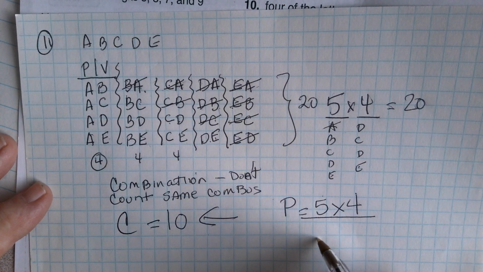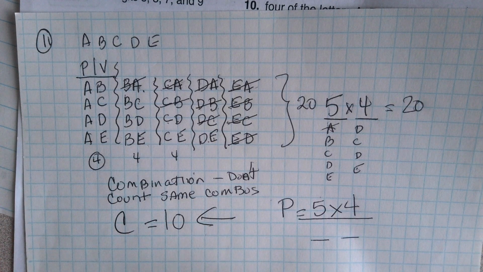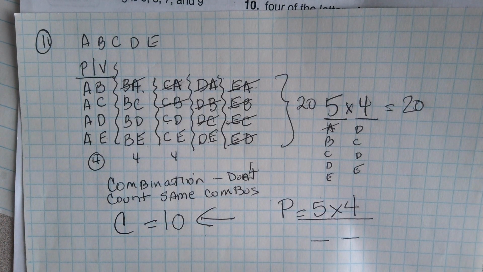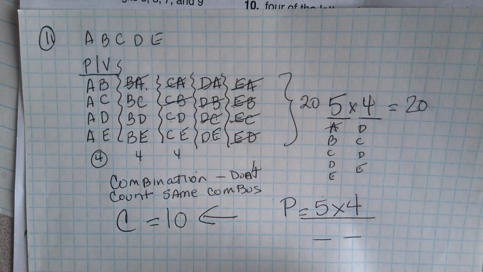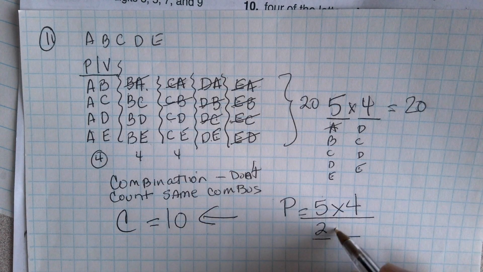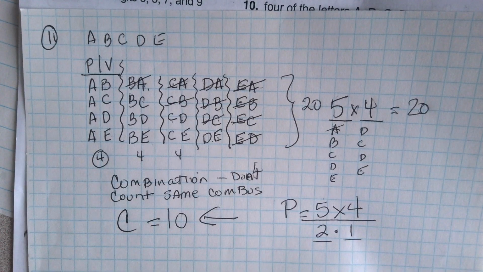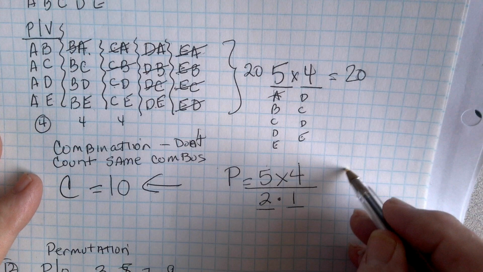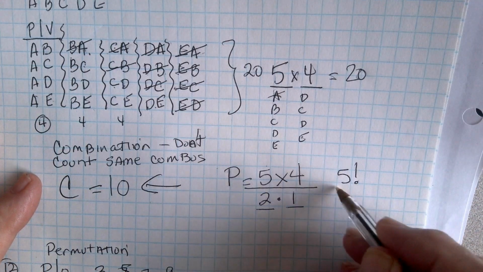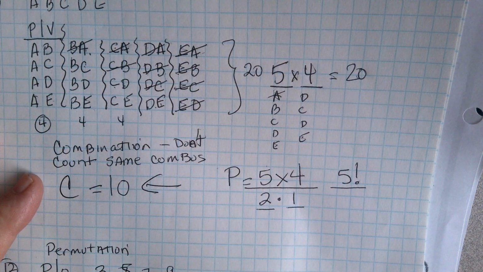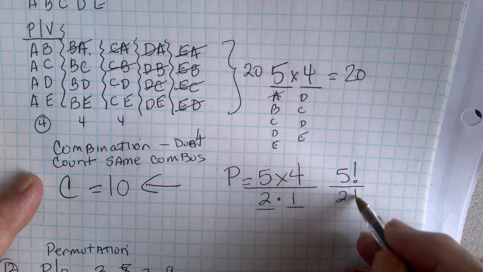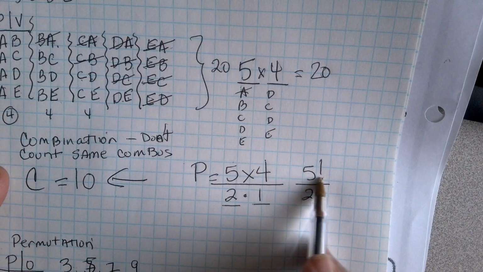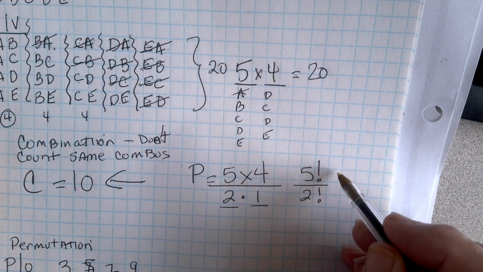So I need 2 lines. And this time I put how many I'm going to have walk together. I put 2 times the one number lower. By the way, these are called factorials. 5 factorial over 2 factorial. You don't need to know this really, but I'm just writing it.